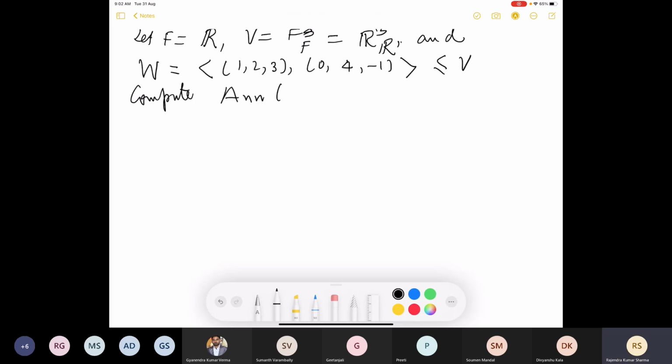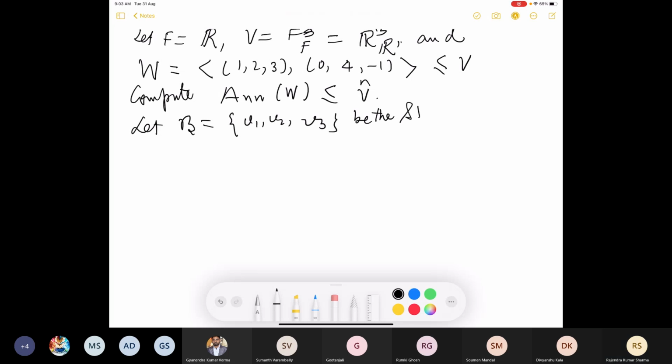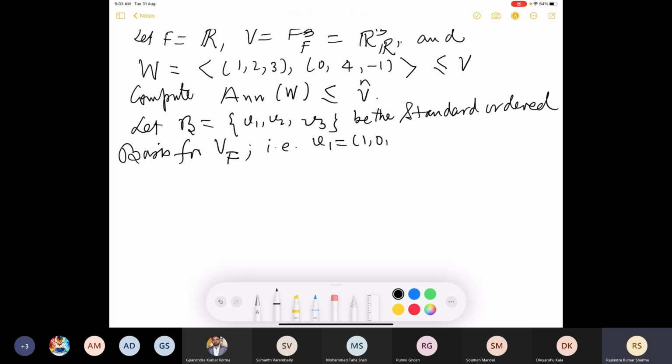Now we want to compute the annihilator of W. This is naturally a subspace of V hat. Let us take the standard ordered basis V1, V2, V3 for V over F. That means we know what V1 is: V1 is 1, 0, 0.